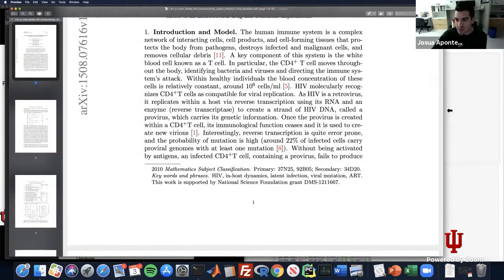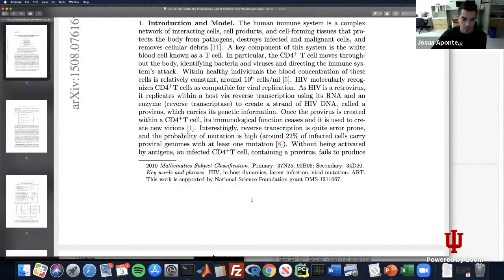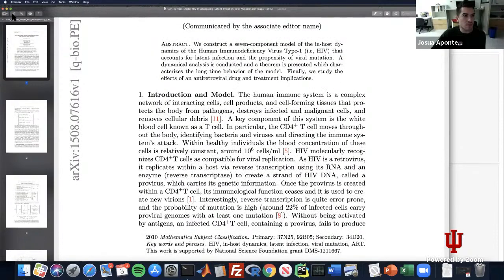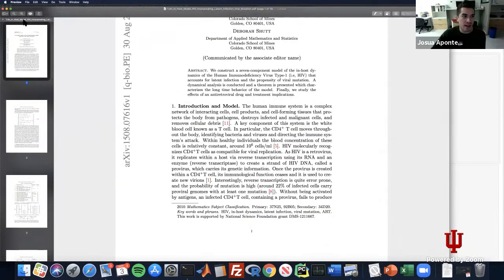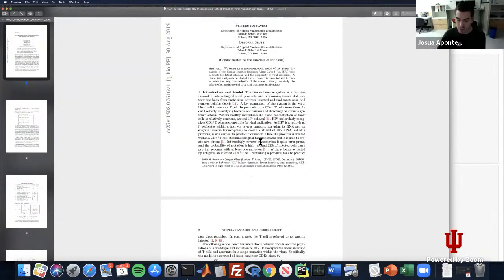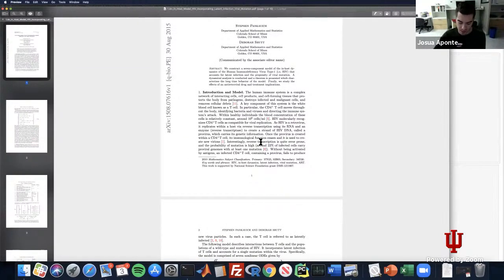I wanted to say that these papers are a little bit heavy on the math, but the math is not necessarily super important to reproduce the results of the paper. They are basically proving certain mathematical results about the dynamical system and then showing what happens in the simulations.